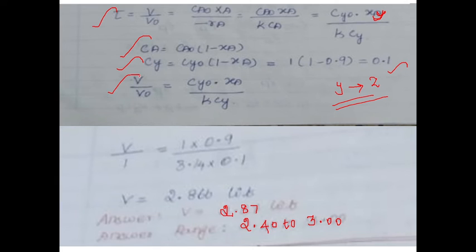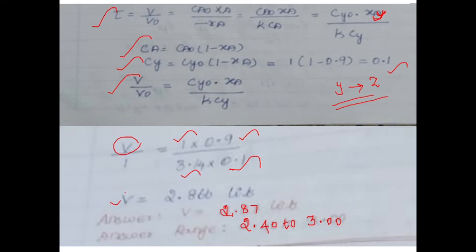So V by V naught is equal to Cy naught into Xa by K into Cy. Here the unknown is V. The V naught is 1. So here Cy naught is 1, Xa is 0.9, K is the calculated value 3.14, and Cy is 0.1. Okay, this is the calculated value 0.1. Cy is equal to Cy naught into 1 minus Xa. So here the Cy values are known.